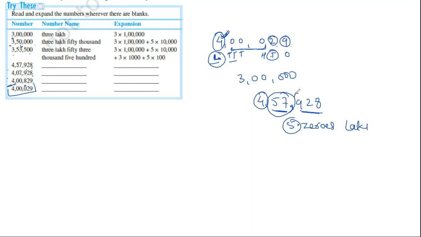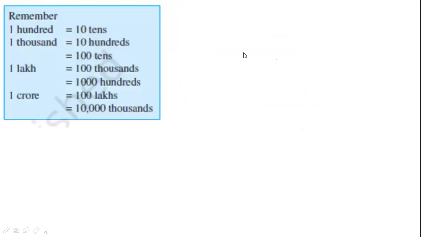That means after that 3 digits will come. What do 3 digits represent? They represent 1,000, right? That's why I say 4,57,000. And then 9 to 8, that is 928. This was this.